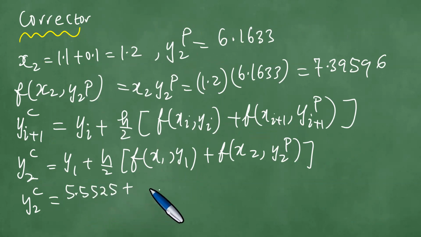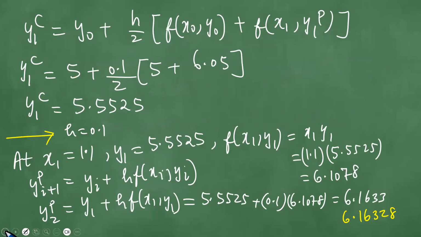Okay, we're going to tabulate all these things because I know they sound so mixed up. h is 0.1, you divide by 2. This is like x1, so f of x1, y1 is exactly what we got.